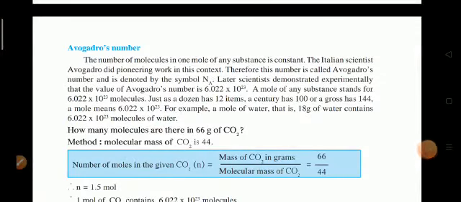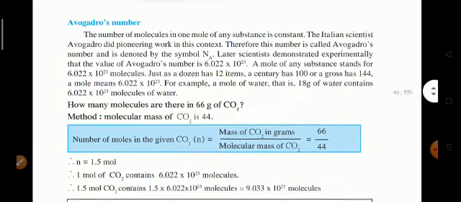What is Avogadro's number? The value of Avogadro's number is 6.022 × 10^23. A mole of any substance stands for this many molecules, just as a dozen has 12 items, a century has 100, and a gross has 144. A mole means 6.022 × 10^23.